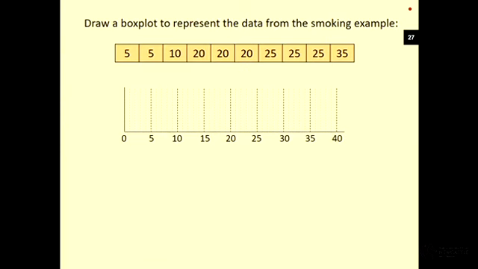So here's use a box plot to represent the data from the smoking example. Well, there they are in order. We'd already worked out from the smoking example that we had a Q2 of 20, a Q1 of 10, a Q3 of 25, a minimum result of 5 and a maximum result of 35.